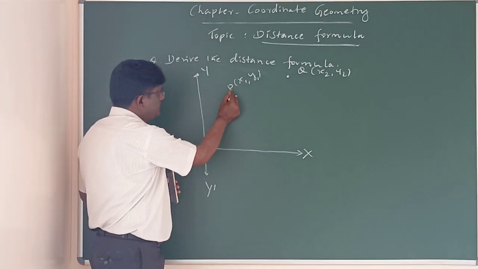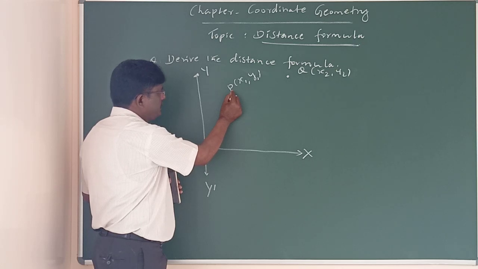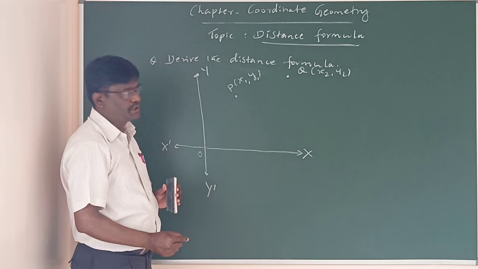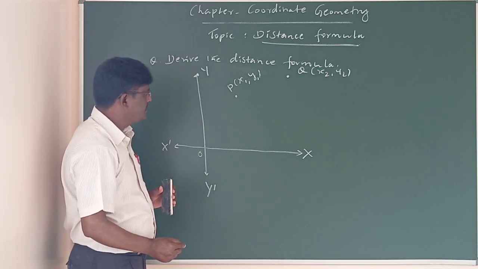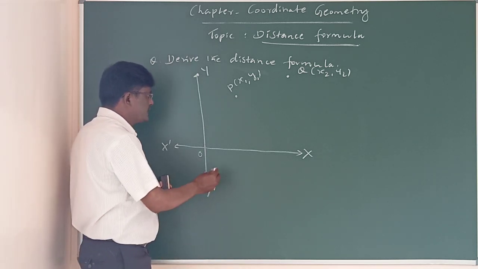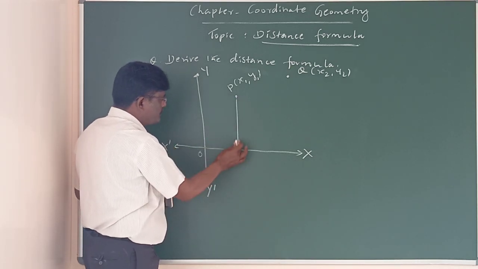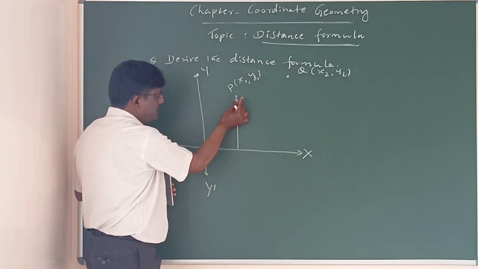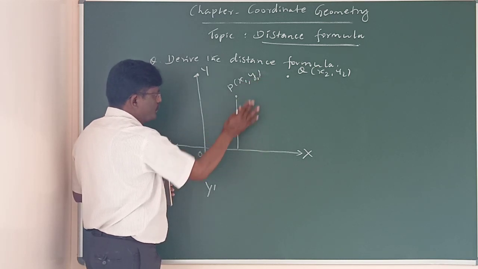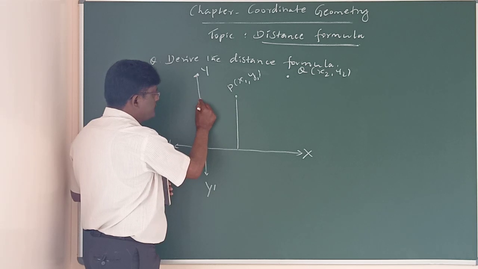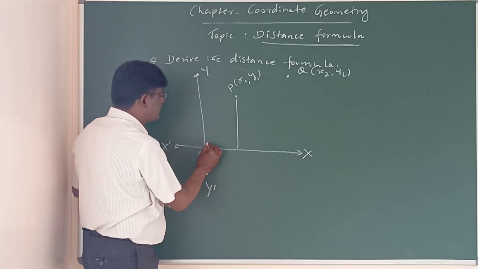Now, the coordinates of P are (x1, y1). You know the meaning of x1, y1. We said the distance of P from the x-axis is y1 and the distance of P from the y-axis is x1.